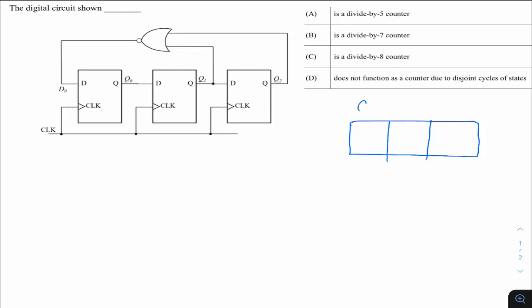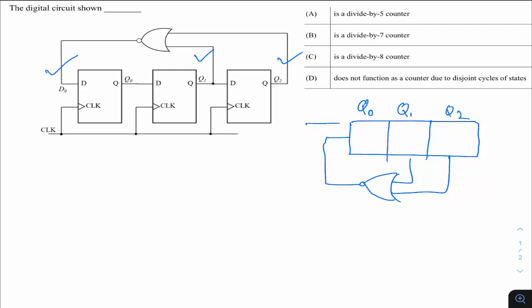So this is, let's say, Q0, this is Q1 and this is Q2, and the output of the NOR gate is connected to the first flip-flop. It's a synchronous case, so this is your clock. Because no condition is given, let us assume the initial state of this circuit is 0.